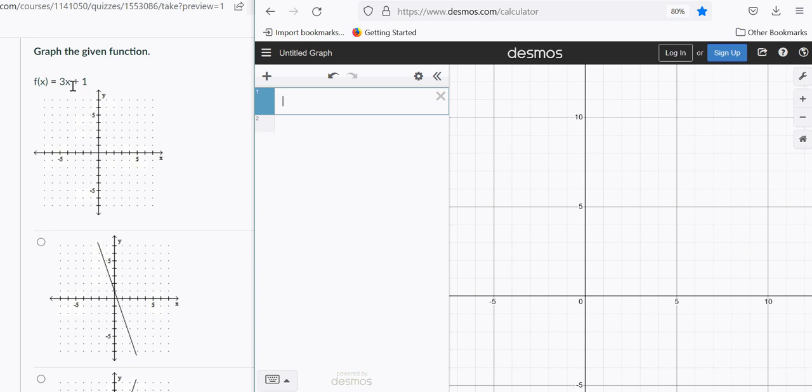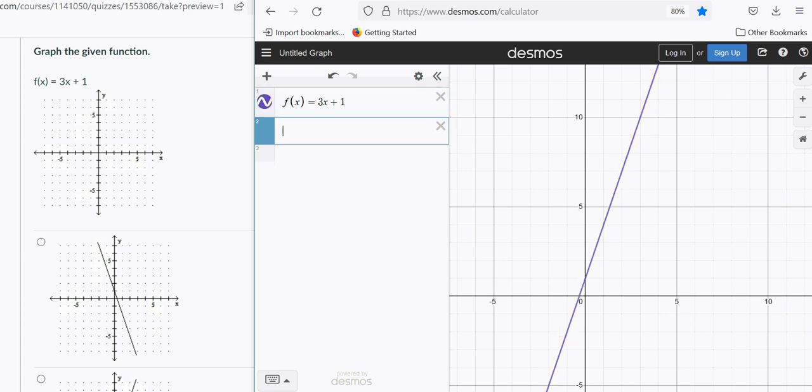Let's see how to graph the given functions. The first one is f of x equals 3x plus 1. So if we put f of x equals 3x plus 1, then when we input 0 into the function, we have a value 1 right here.